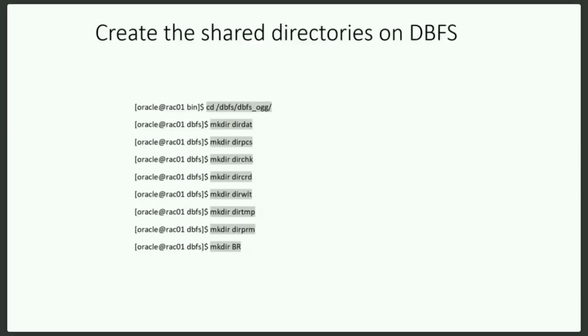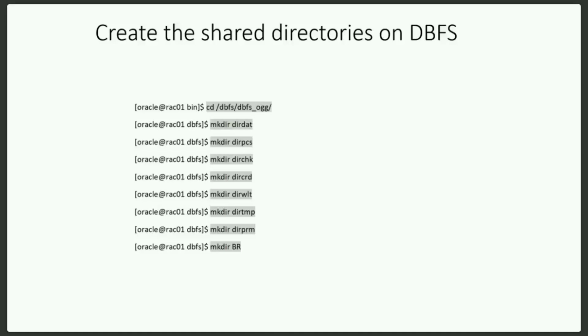What we need to do after that is, these are the directories that are there. We need to go and create some shared directories on dbfs. So we go to our dbfs directory and create some shared directories. Some files of GoldenGate, like your parameter files, report files, and internal files used by GoldenGate like your checkpoints, and another directory called BR, which is boundary recovery, need to be accessible regardless of which node GoldenGate is running from.